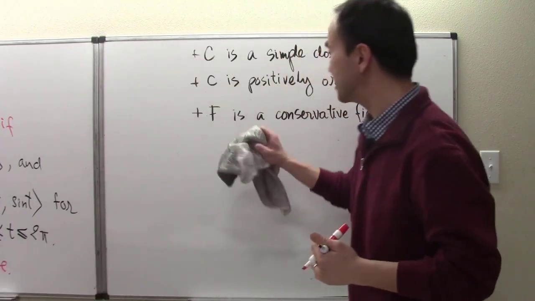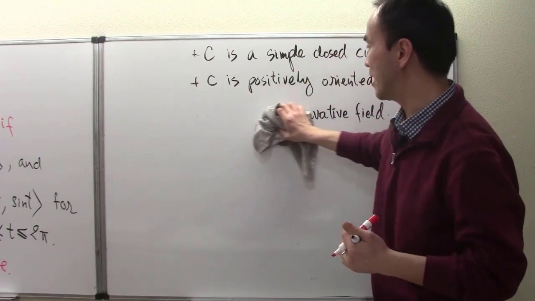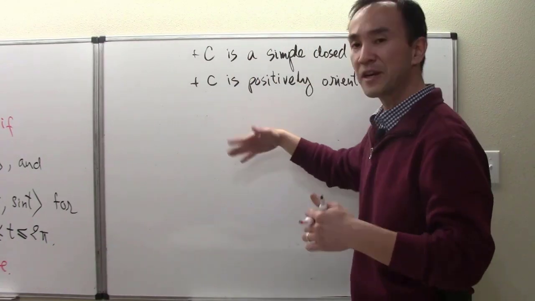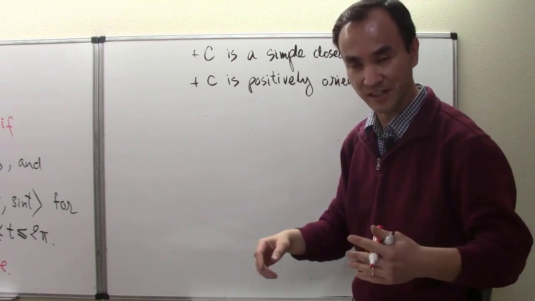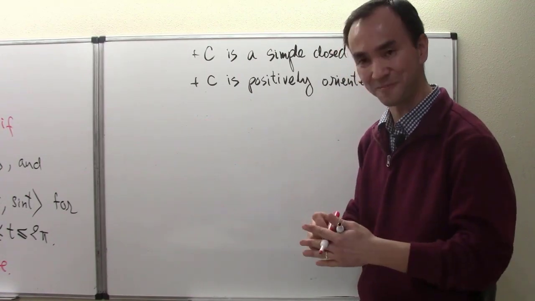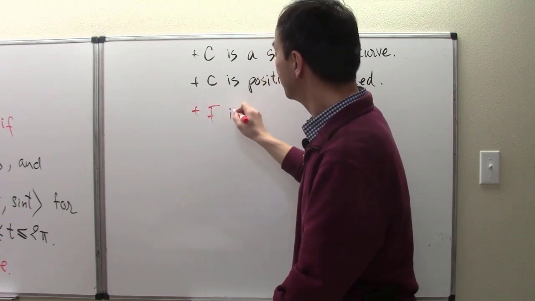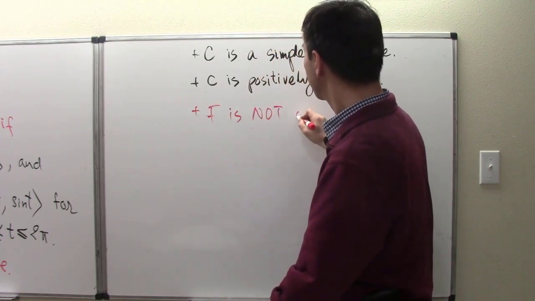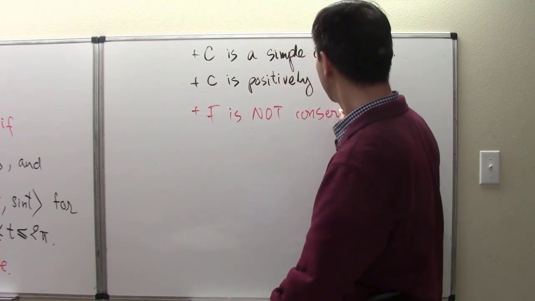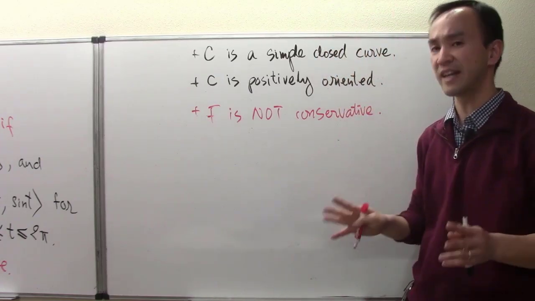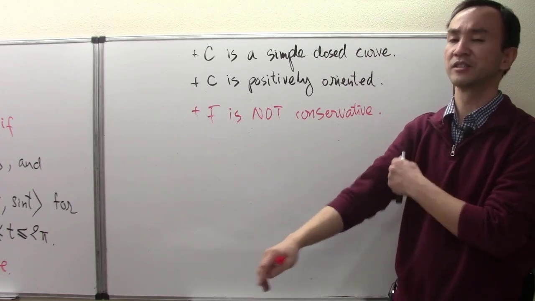What if we are conducting a line integral problem, calculating a line integral value, where the field is not known to be conservative, or let's say F is not conservative, or just generally we're not given that information where F is conservative.